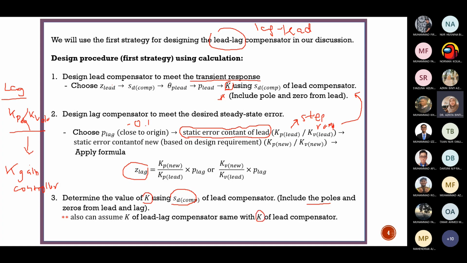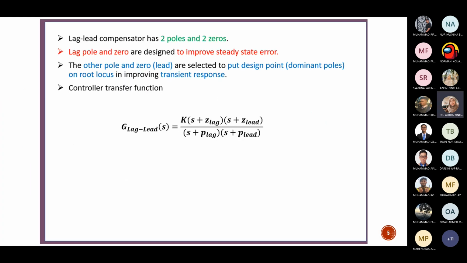We can prove that the values are almost the same, so we can just assume that the value of K is assumed. So you can take this value from the first step to become our K of the lead compensator.